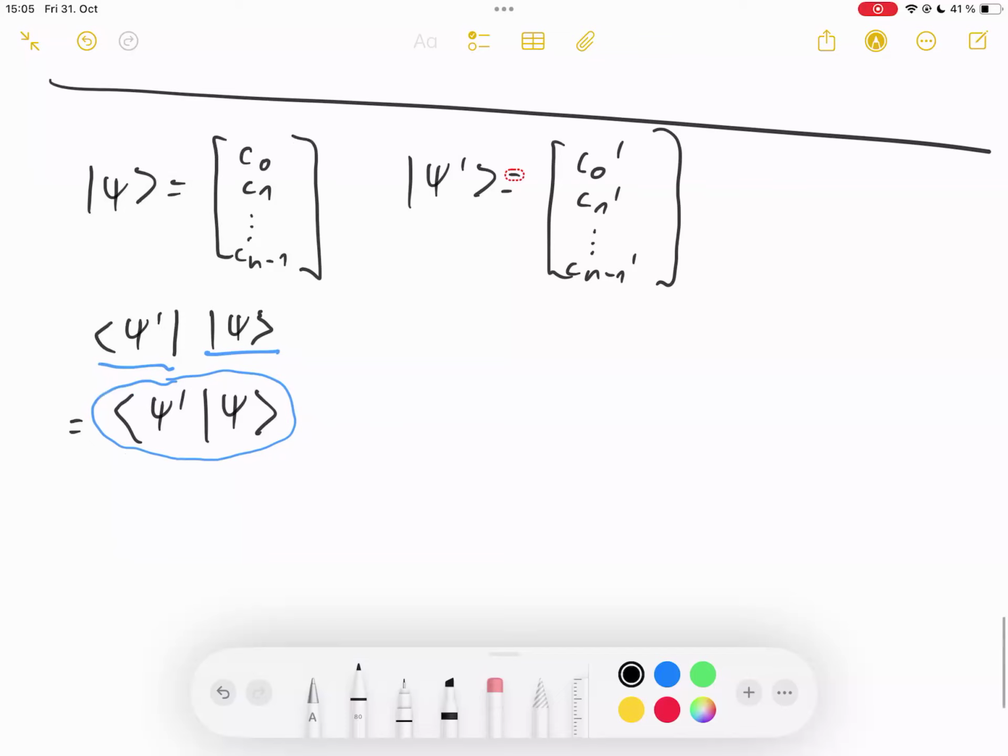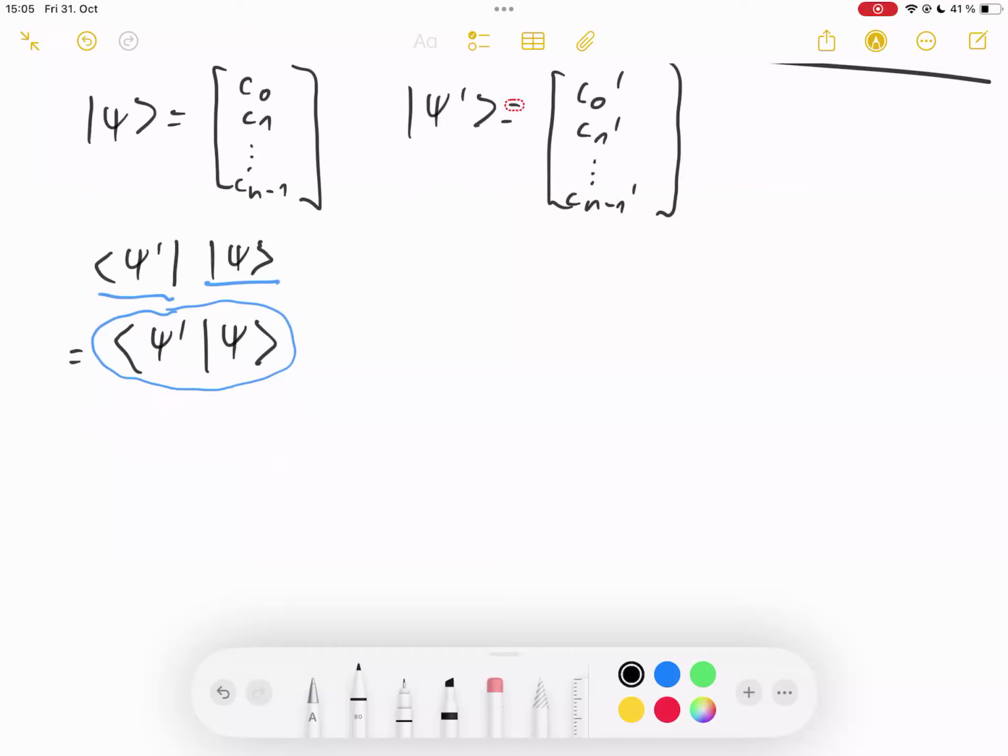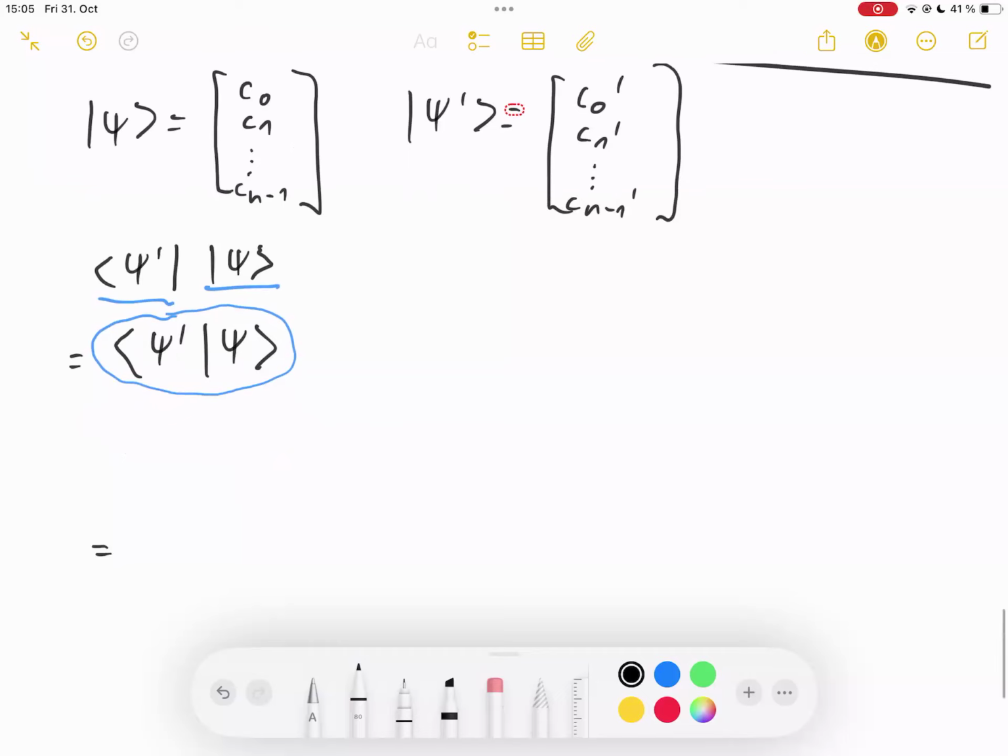Now what we need is our ⟨ψ'| bra, because we have the |ψ'⟩ ket, and the bra would just be the row vector where we have the c0' conjugate, then the c1' conjugate up to the c_{n-1}' conjugate.